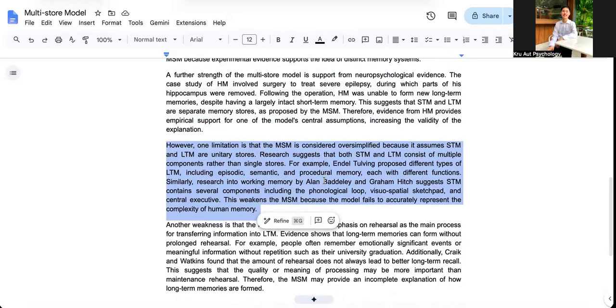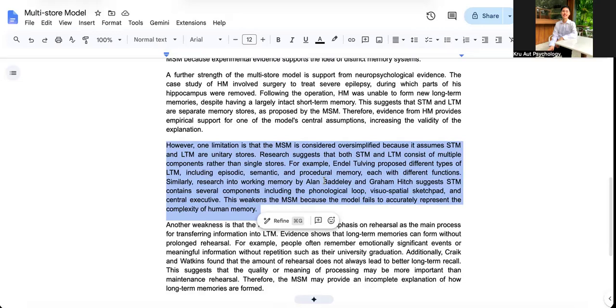However, one limitation is that the multi-store model is considered oversimplified because it assumes short-term and long-term memory are unitary stores. Research suggests that both short-term and long-term memory consist of multiple components rather than single stores. Gladly, it's AQA and it's A-level.